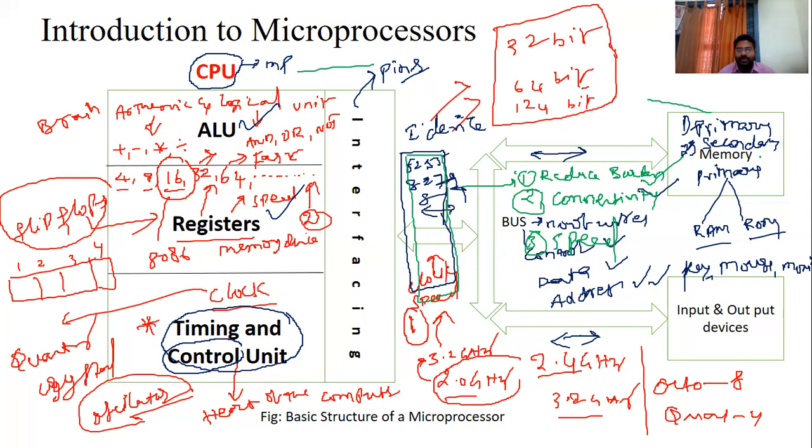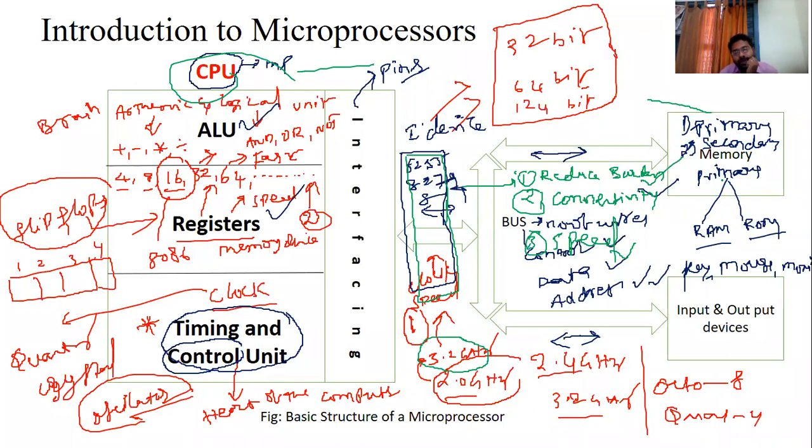The reason for developing them is to reduce the burden of the microprocessor, to avoid complexity and connectivity problems, and to match the speed of the microprocessor and the input output device. Suppose the microprocessor is working at a speed of 3.2 gigahertz.